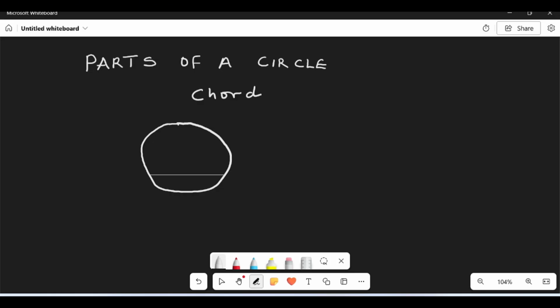And let us assume that this is our center. The longest chord is called the diameter, which passes through the center of the circle.